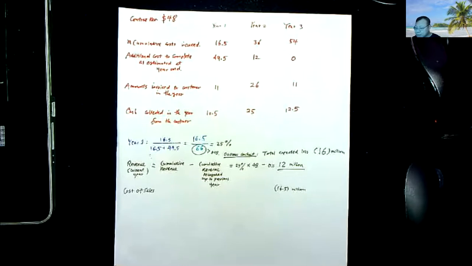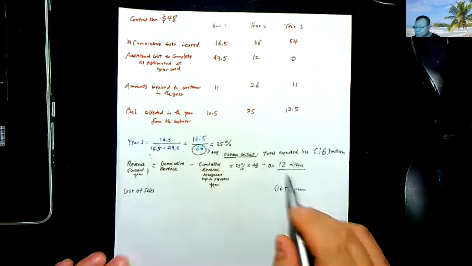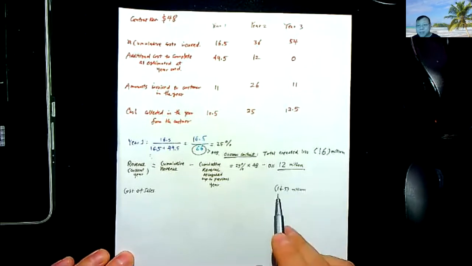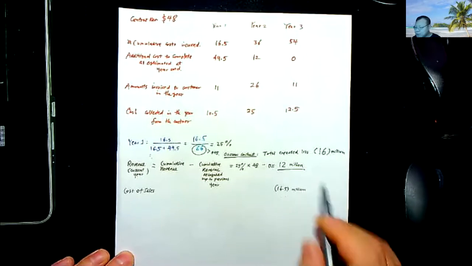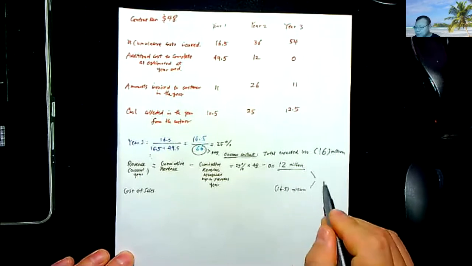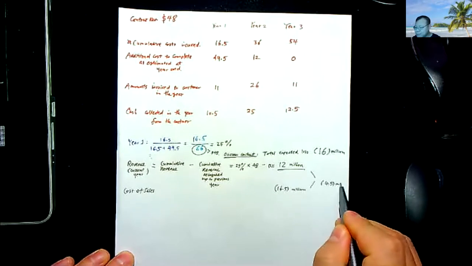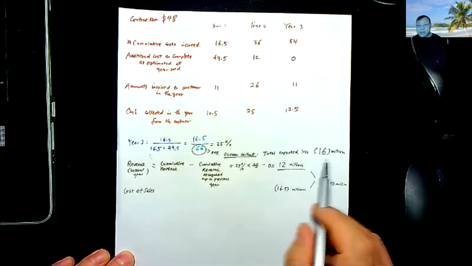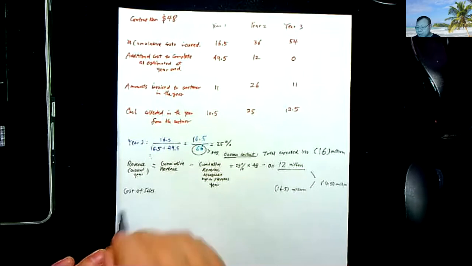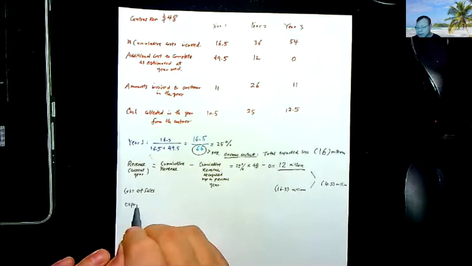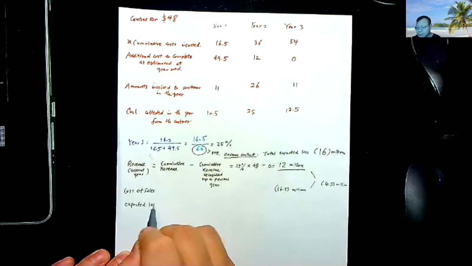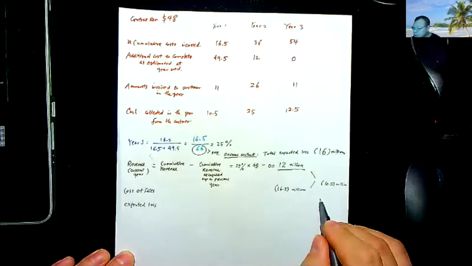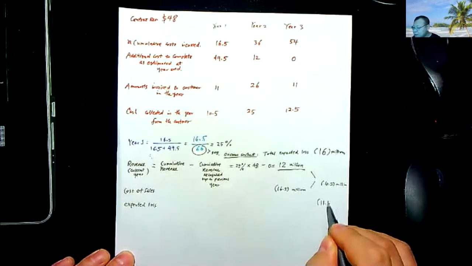So right now, you have 12 revenue and 16.5 cost of goods sold. The difference here is a loss of 4.5 million. You need to make it 16 million. So the other one would be the expected loss, which is going to be 11.5 million.